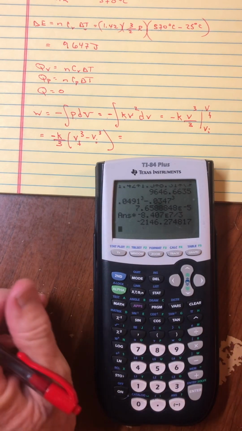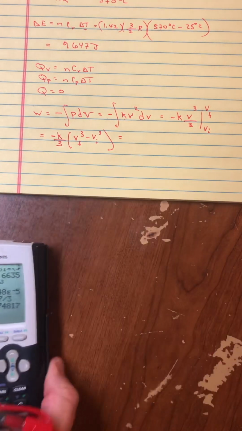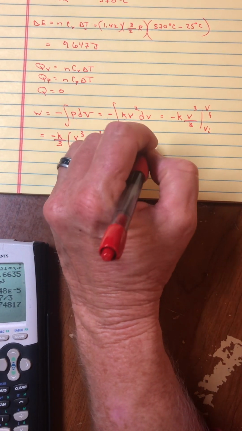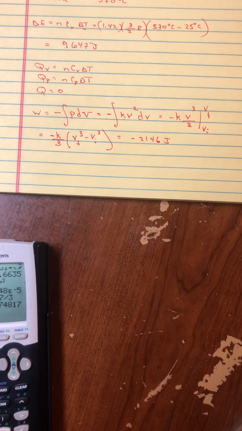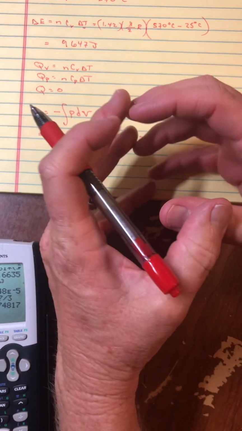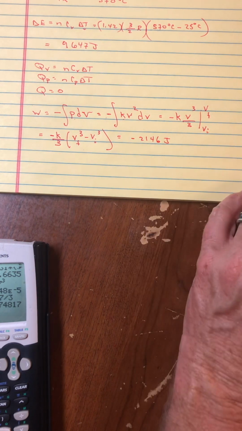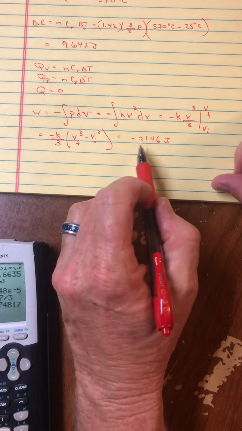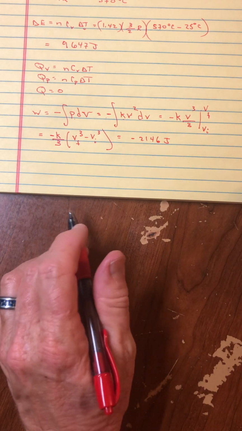And so it looks like I get here a negative 2146 joules. And the negative is exciting because the gas did expand, and that means it lost energy due to its work. It's pushing on the environment, and that's what that negative would do. So that's good.